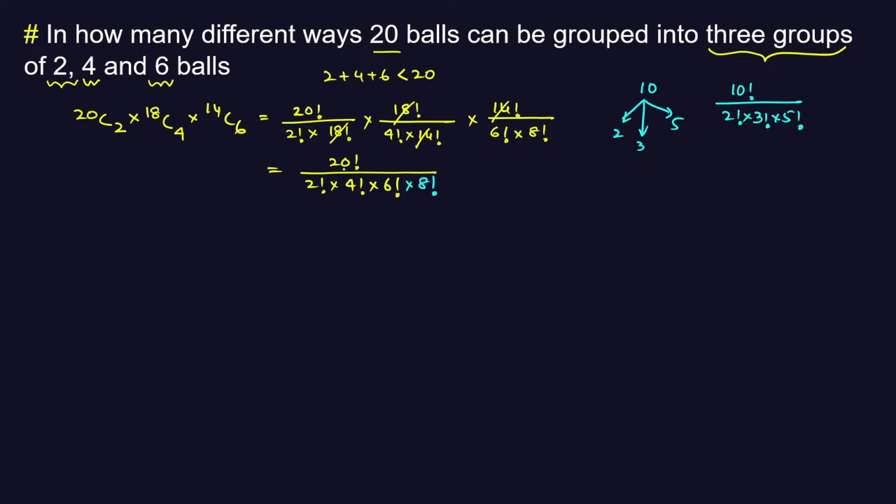In this case, you see, this part is exactly the same, because out of those 20 balls, you made 3 groups containing 2, 4 and 6 balls. So I have written factorial 20 divided by factorial 2 into factorial 4 into factorial 6. But my question is, why is this factorial 8 coming? Why is this factorial 8 coming?